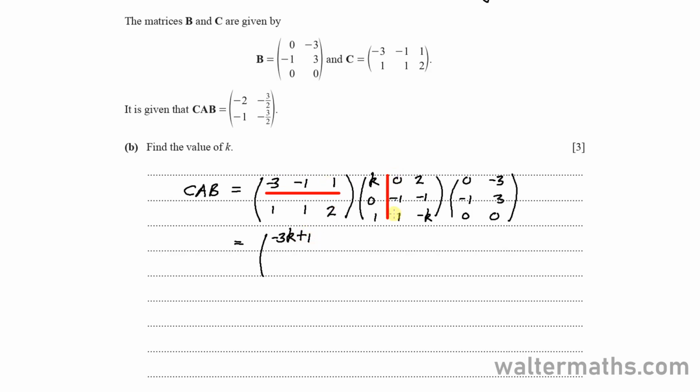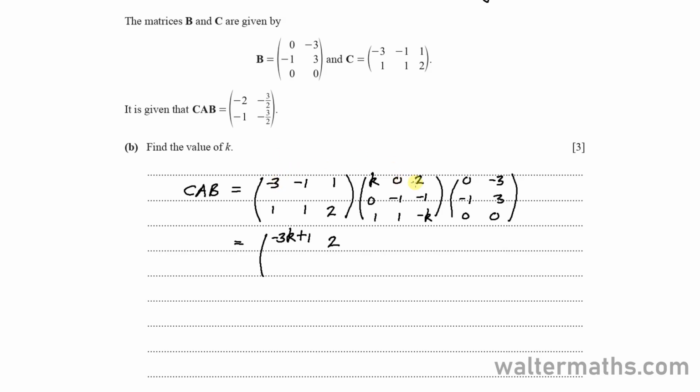Then this row and this column, that will be minus 3 times 0, which is 0. Then minus 1 times minus 1, that's 1. Then 1 times 1 is 1. So we have 1 plus 1 for this, which should be 2. So I'll just write that down as 2. Then we have this row times this column.